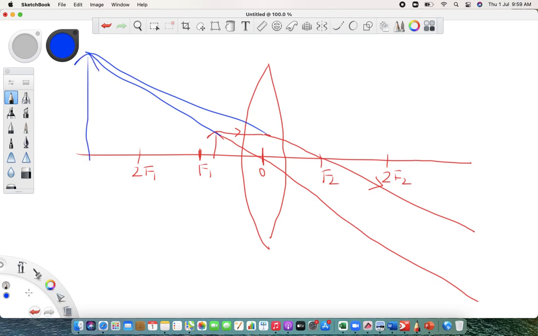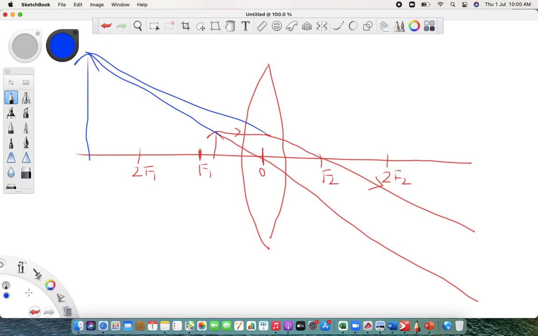So as you can see, the last case tells you that when you take your object between O and F1, you will get the image on the same side of the lens. Now where exactly, they don't mention, it can come anywhere.